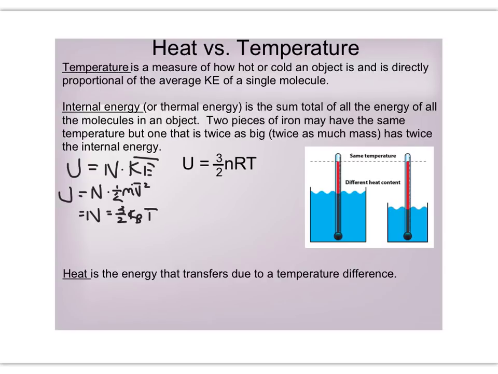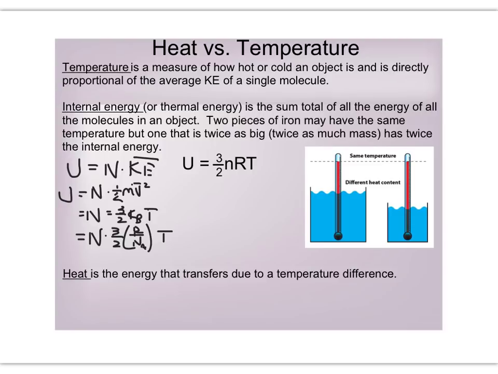Well, Boltzmann's constant is the same thing as the constant R over Avogadro's number.